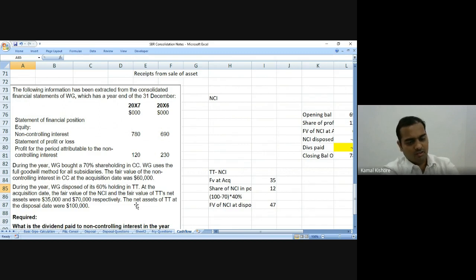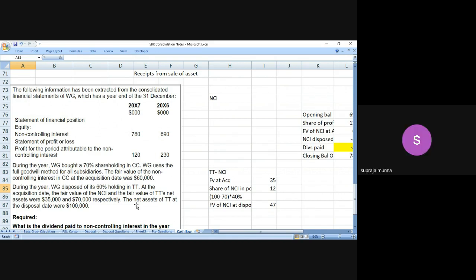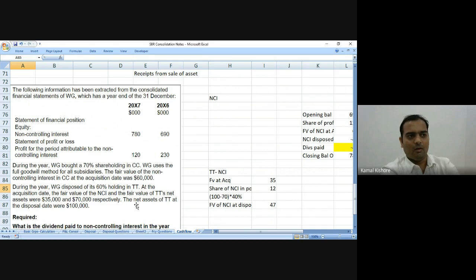Yes, but NCI is part of your equity, so it will become a financing activity. There is actually no definitive answer to this.